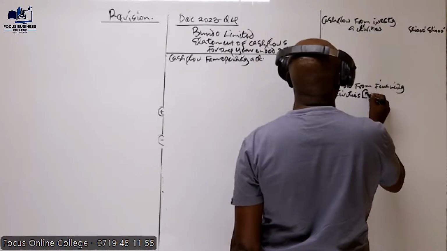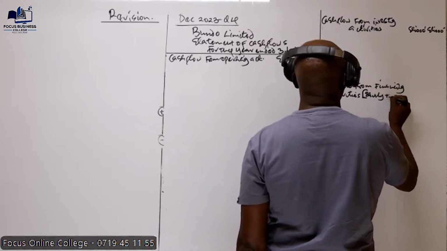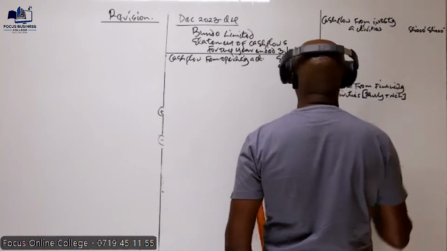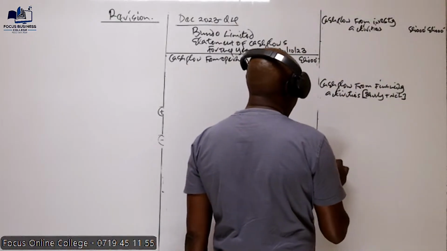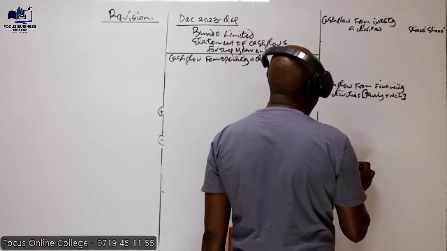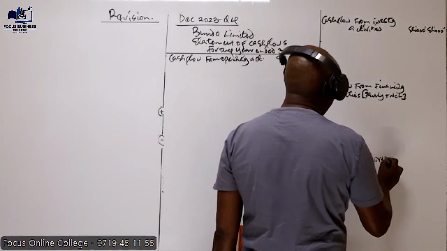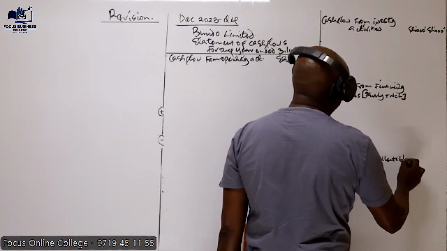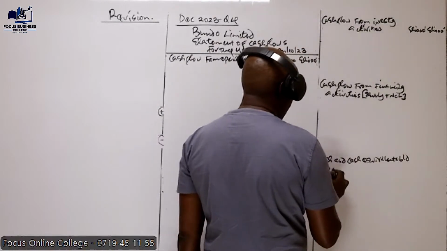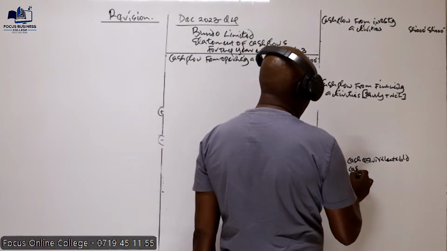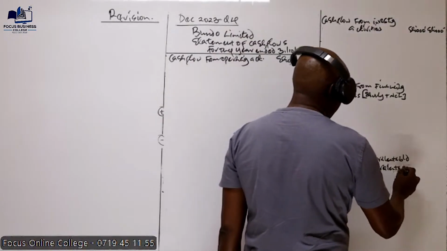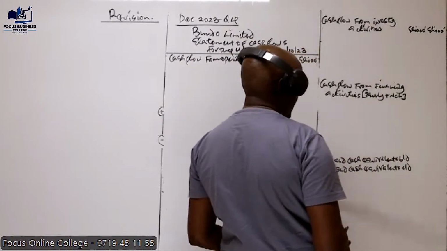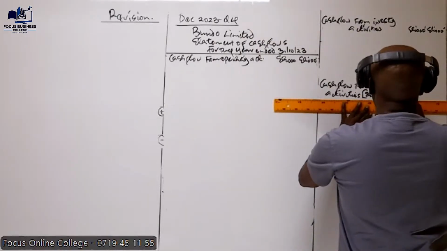At the financing activities, we consider equity and the non-current liabilities. And then down there, we record the cash and cash equivalent at the start, and the cash and cash equivalent at the end. That is the balance carried down.